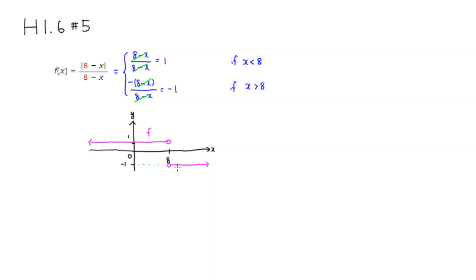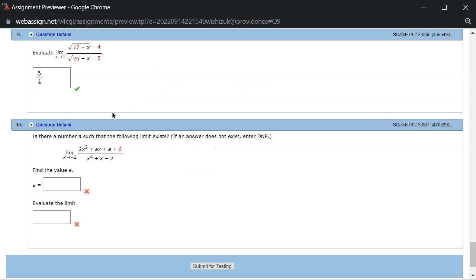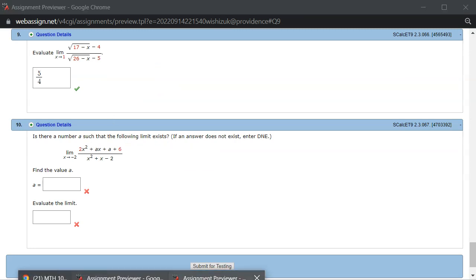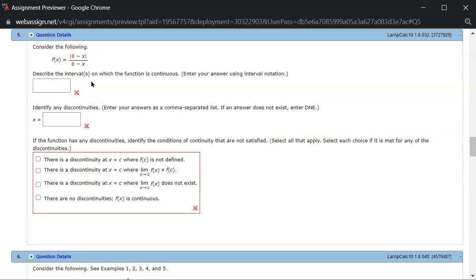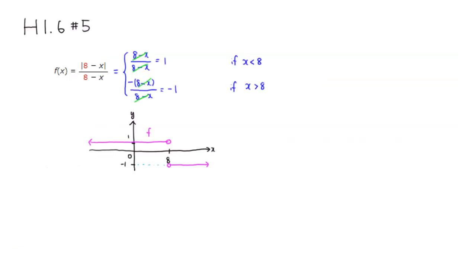All right, so we can answer these questions. The first question is, not this one, sorry, this one. It says describe the interval on which the function is continuous. You can see that the only discontinuity is at 8; everywhere else is going to be okay.